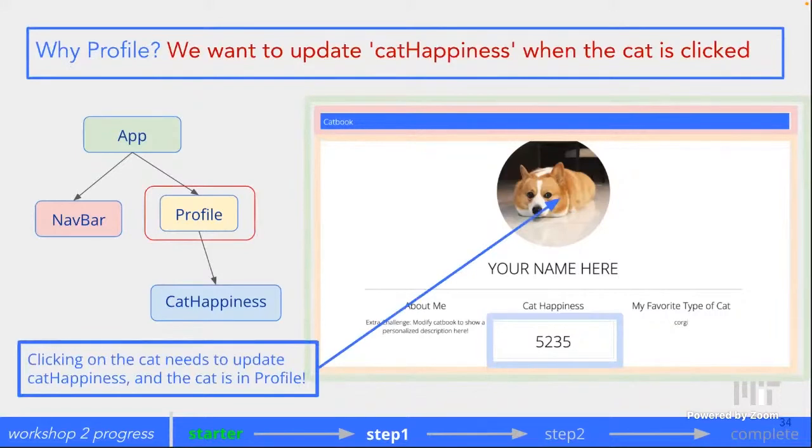The reason is that when you click on the cat, happiness goes up by 1. In order for that to work, we need to call that update function, set cat happiness, and we want to do that where the cat is. And the cat's going to be in Profile. So we want to store the value of cat happiness inside Profile.